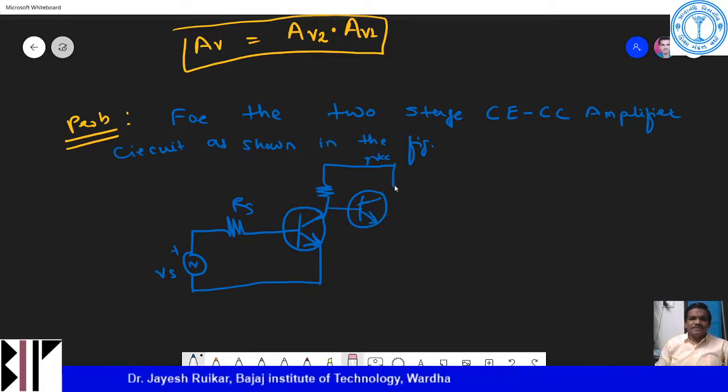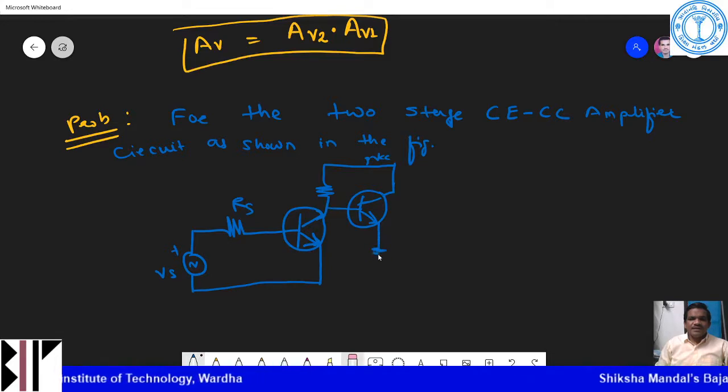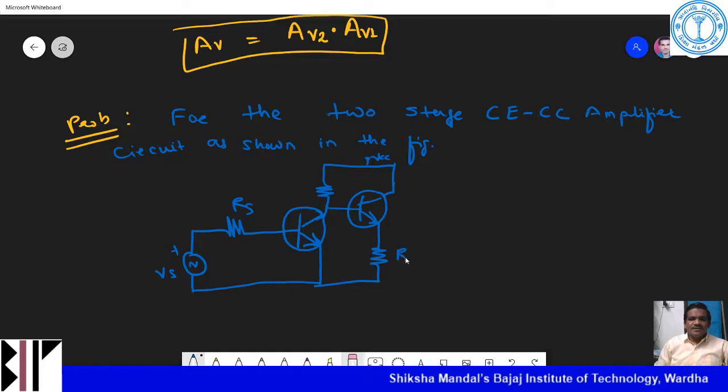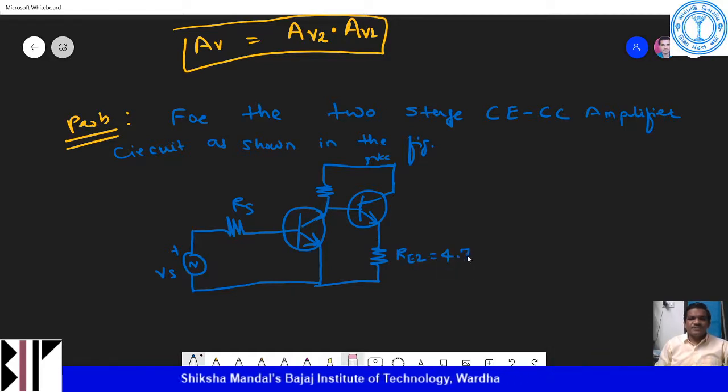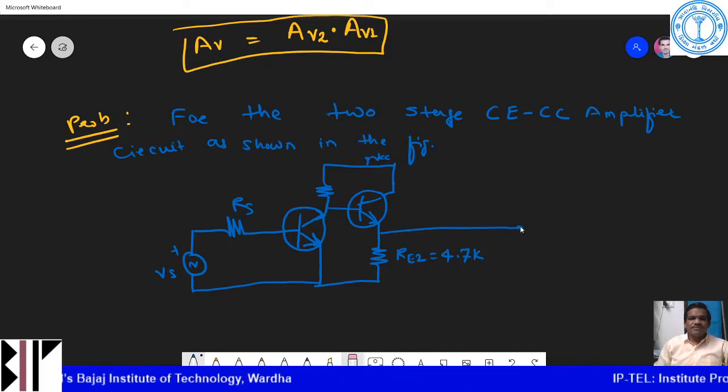This part is connected to this, and this is my RE2, which is equal to 4.7 K.